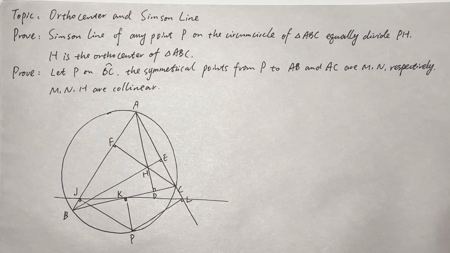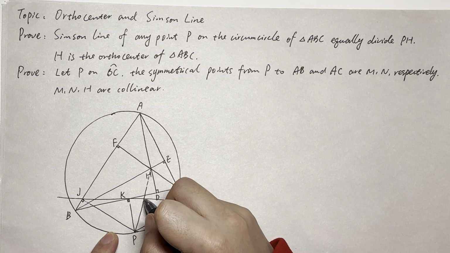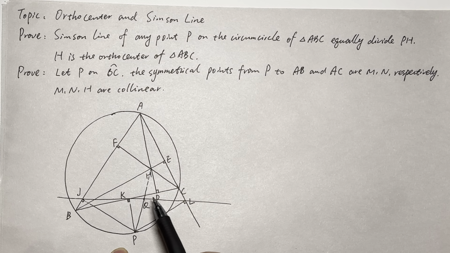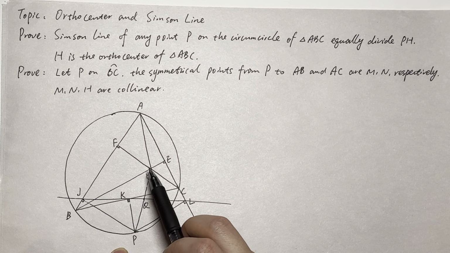Okay, so basically we want to prove that, say that PH intersects the JKL on point Q, right? And we want to prove that Q is a midpoint of PH. In other words, if we find the midpoint of PH, we want to prove that the midpoint Q is on the Simson line.